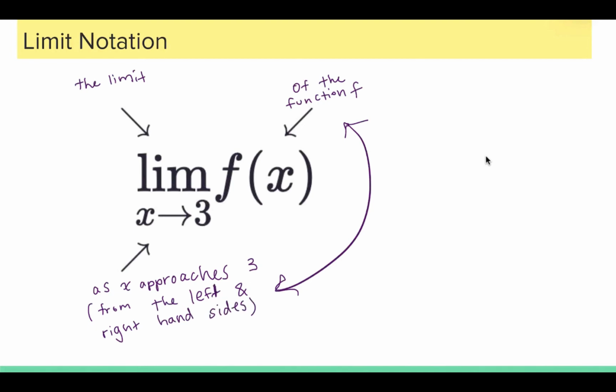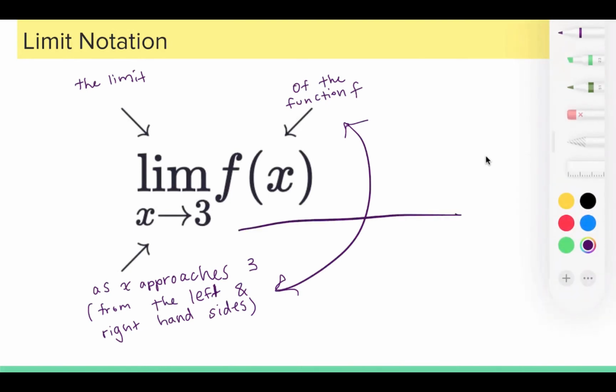Okay, so this is from the left and the right hand side. If I just say x is approaching 3, I know that I mean from both sides.